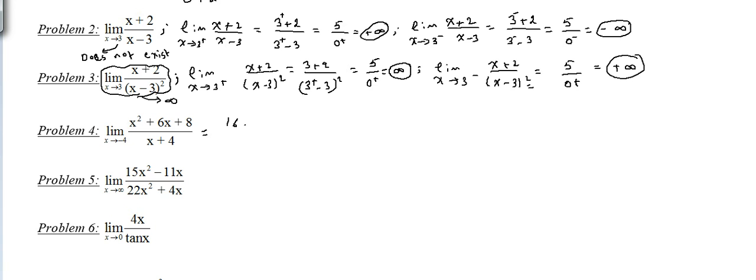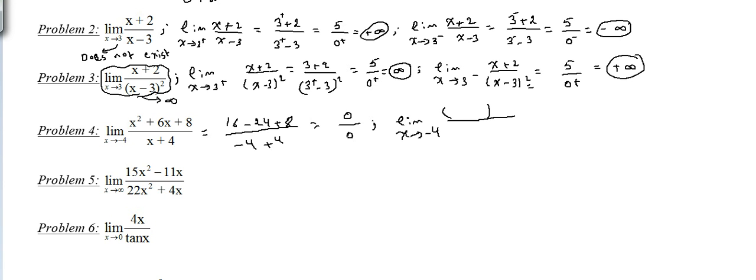Minus 4 squared is 16, plus 6 times minus 4, it's minus 24, plus 8, over minus 4 instead of x plus 4. The numerator will give me 0, 8 plus 16 is 24, minus 24 is 0, and down 0, and this is an undefined form. So that's why we should say it's equal to the limit as x tends to minus 4. We should change the form.